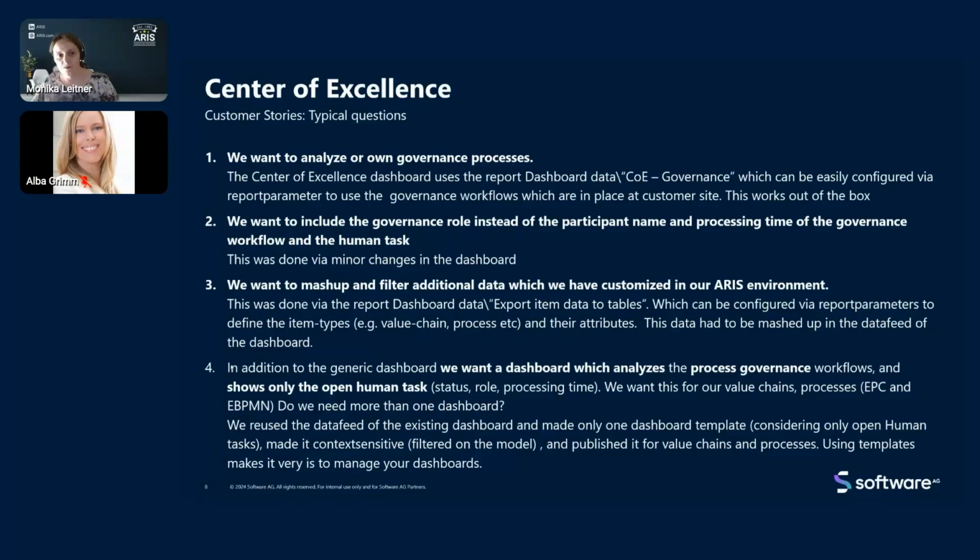And the answer is no. This dashboard is fed by a report, which is called COE governance. And this report is using parameters. And with the parameters, you can give the ID of your customer's workflow. So if you have a customer's workflow in place, you can just use this dashboard, configure this report, just put in the ID, and the report is running without customization.